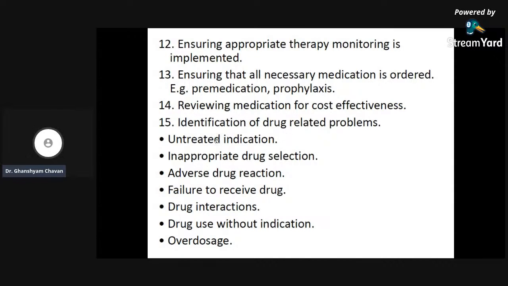Next is identification of drug related problems. In that, first is untreated indications. If during therapy any indication or any symptom has remained, for that also you should consider drugs. Suppose after a treatment, if on your skin any lesion, any dark spot, or any rashes have remained, what will you do?